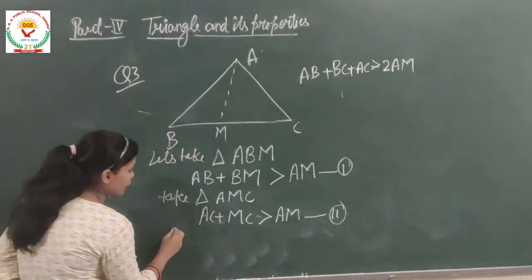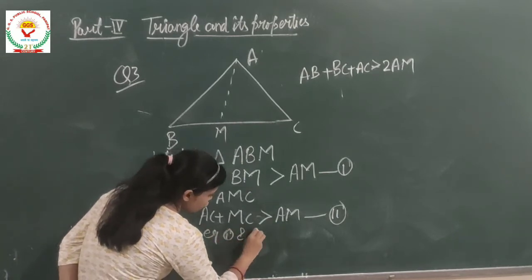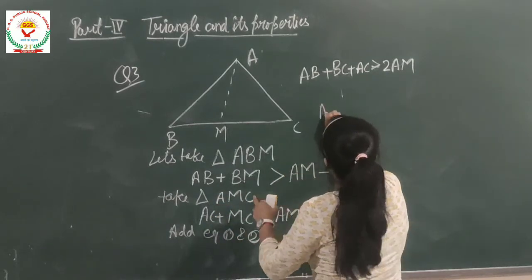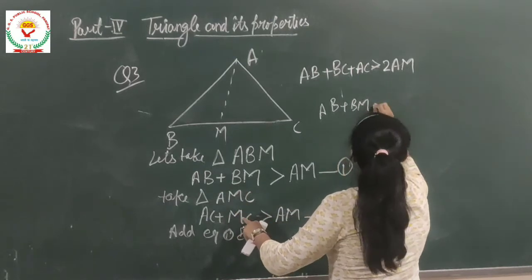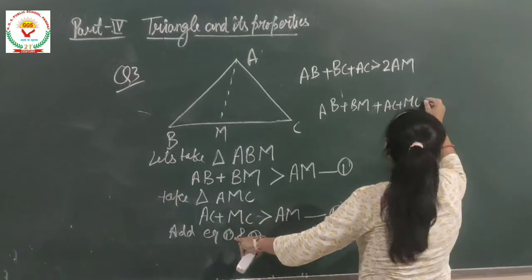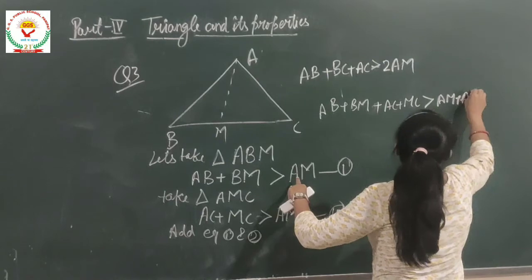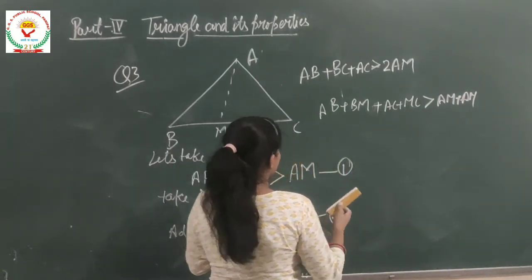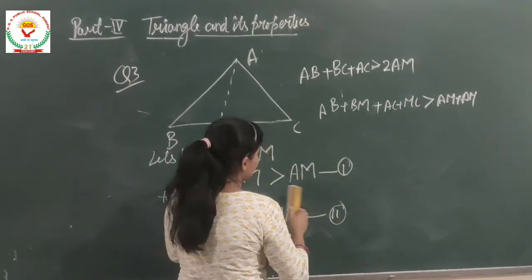Now add equations 1 and 2. What will we get? We will get AB plus BM plus AC plus MC is greater than AM plus AM, right? I don't know if that will be visible to you or not, so I am writing it here.